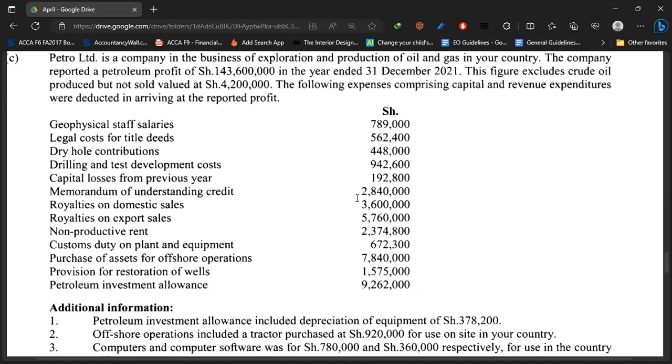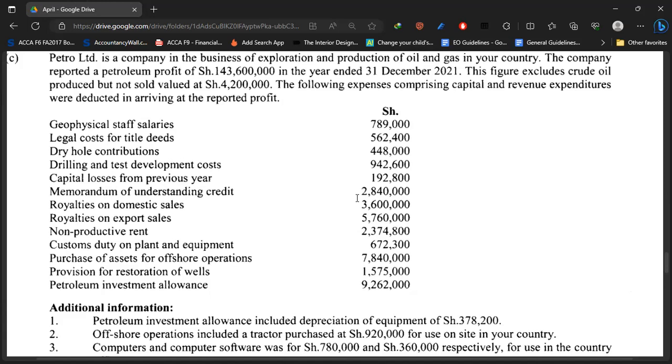Additional information. Number 1, petroleum investment allowance included depreciation of equipment of 378,200 shillings. Offshore operations included a tractor purchased at 920 shillings for use on the site in your country.